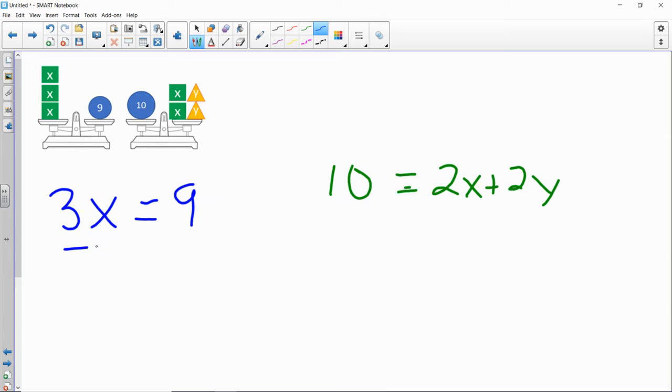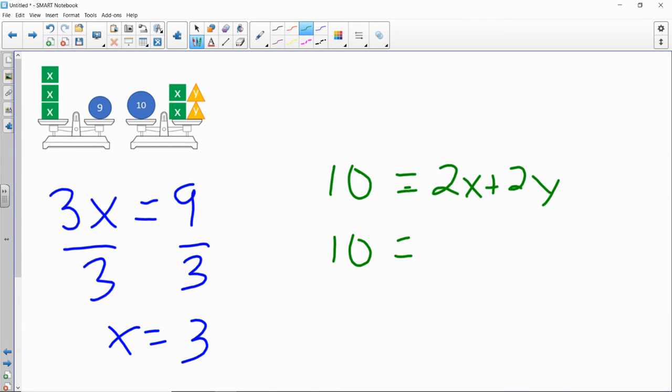So I'm going to start by solving for x over here by dividing by 3. So we have an x value of 3. Now that I know x is 3, I'm going to substitute it in over here, wherever I see an x. And now I'm just going to solve for y.